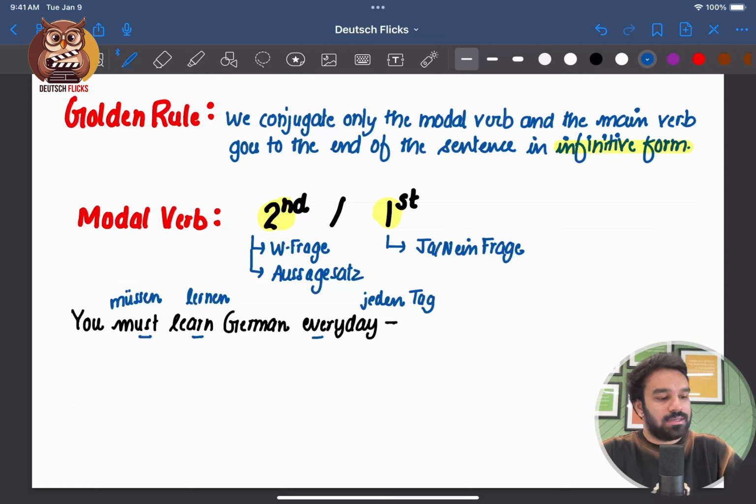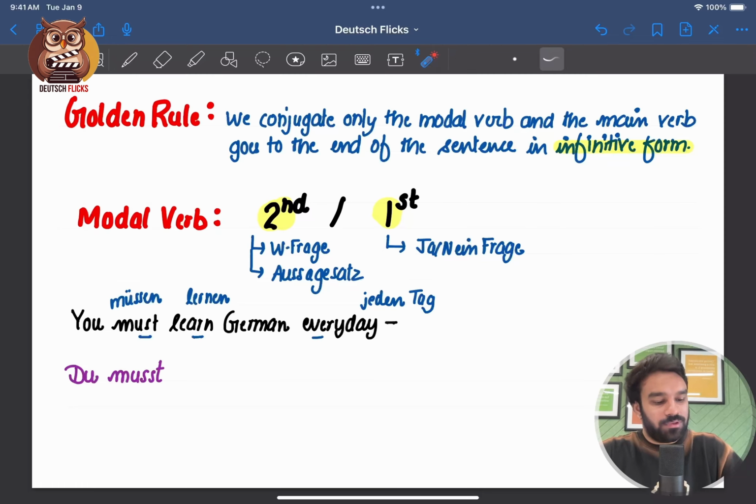Jeden Tag. So now we have everything. It says that we have to recall our rules, conjugate the verbs properly. Okay, so for you, let's take du. And we conjugate only the modal verb according to du. So müssen according to du becomes du musst.